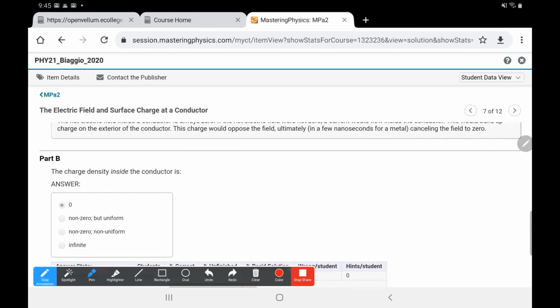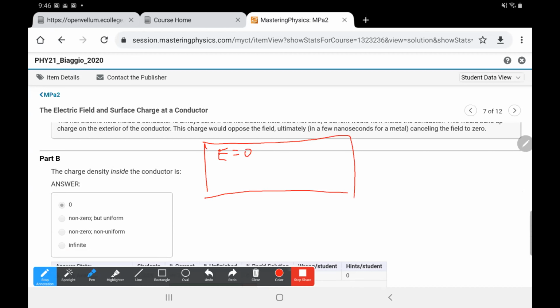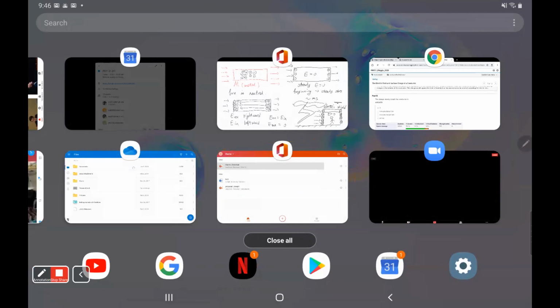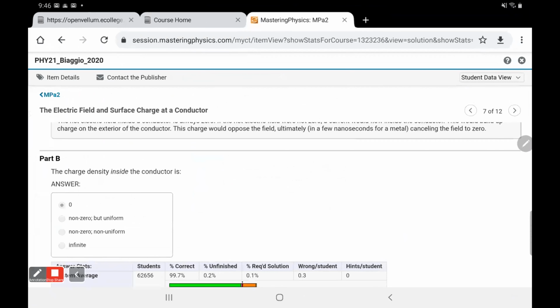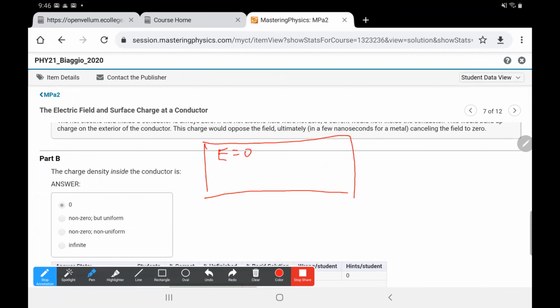So how do we figure out this question? Inside the conductor, we know the electric field is equal to 0. So we can use Gauss's law. We can sketch any closed surface inside the conductor anywhere.